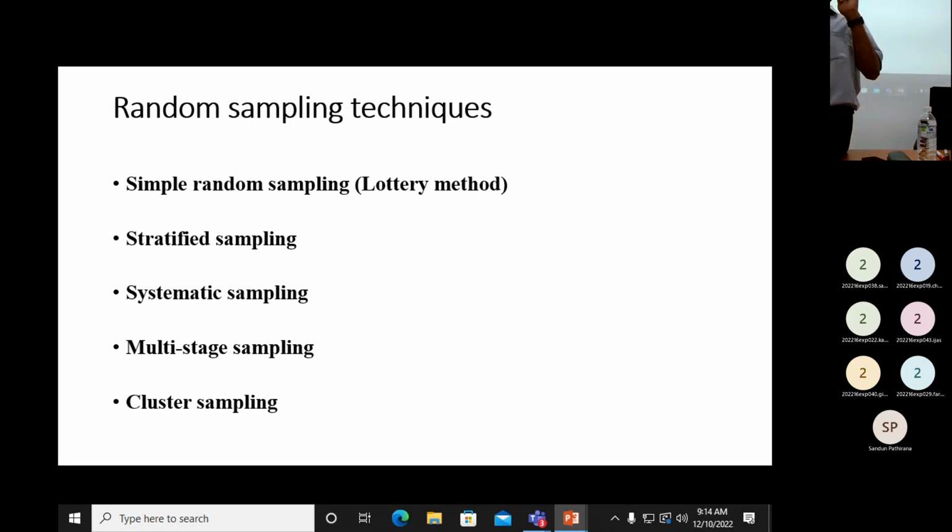Or maybe a students register, students list. Like that, you want to take a document which represents all the items of the population. Otherwise, you can't apply simple random sampling. Therefore, to apply simple random sampling, you have to work hard. That is the disadvantage. If you lose any employee number, then your sample frame is not there.